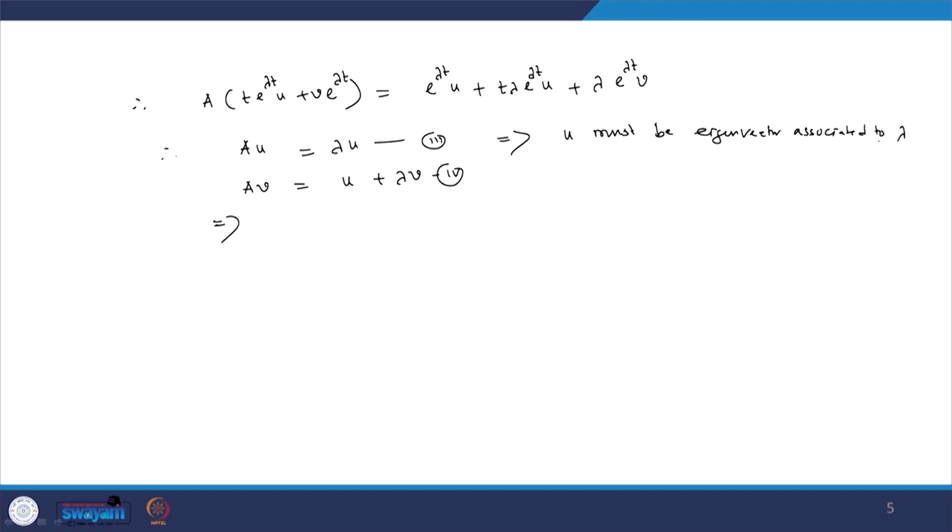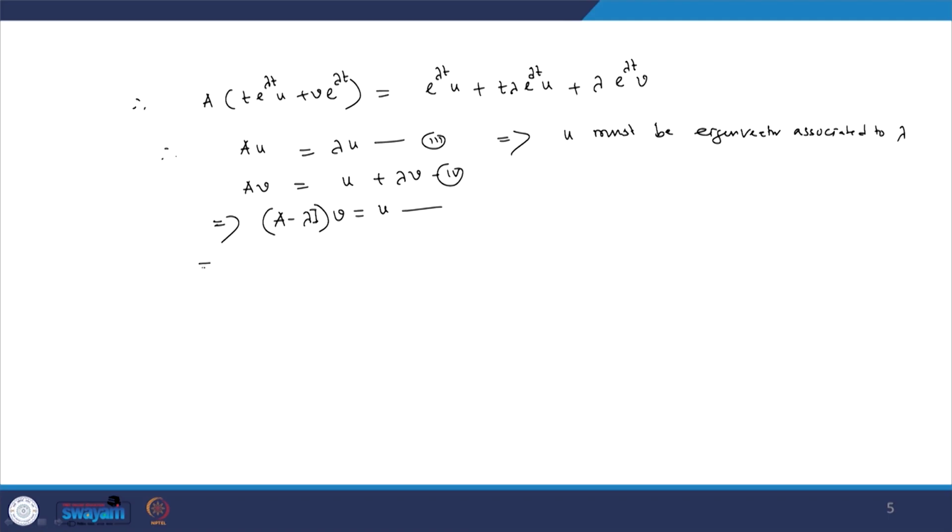The second function is v, which is satisfying the fourth equation. So, this implies that (A minus lambda I) operating on v equal to u. So, the fourth equation can be written like this, please.